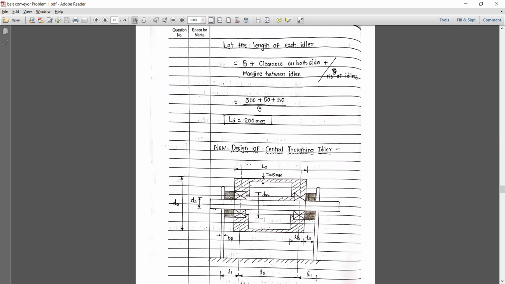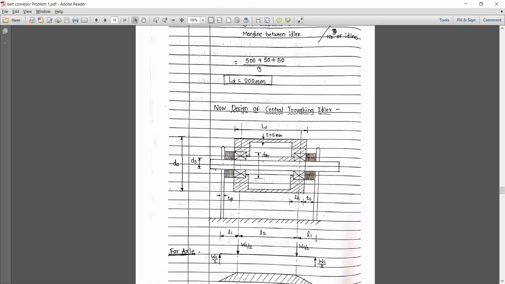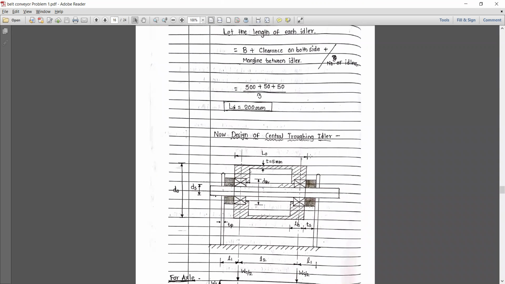The belt width B is 500 mm, the clearance on both sides is 50 mm, and the margin between idlers is considered as 50 mm. The number of idlers is 3: left hand side, central, and right hand side. So, dividing by 3, L, the length of each idler, is considered as 200 mm.